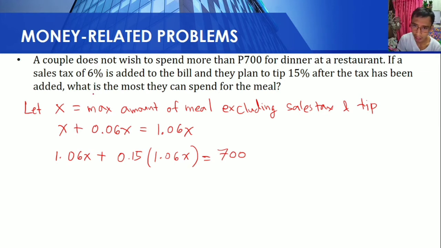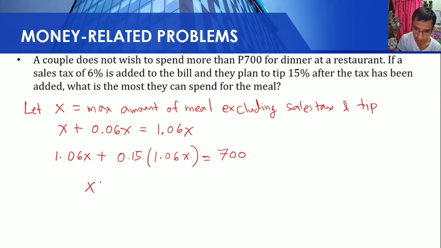So, malalaman na natin kung ano yung maximum na magagastos nila doon sa meal. Ayan. So, kukunin na natin yung value ng x. So, 1.06x plus 0.15 times 1.06x, solving for value of x.